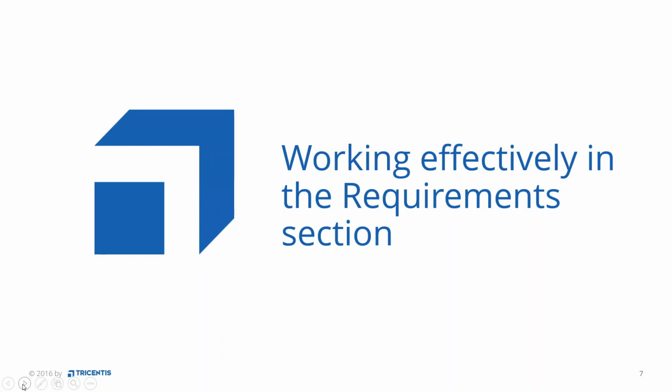After that, I'm going to open up Tosca, and we're going to look together at how the requirements section is structured, the different features you have in there, the dashboard, and also how you calculate these weights that Tony kept talking about. And I'll also show you how you link the requirements to the other sections in Tosca.